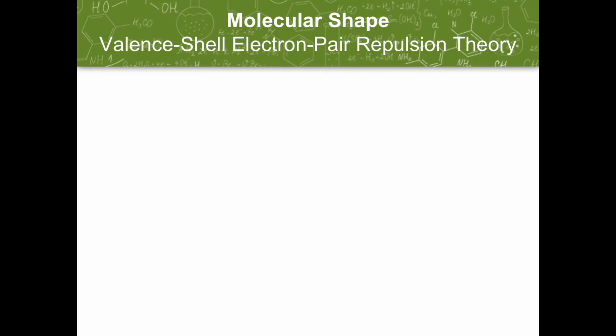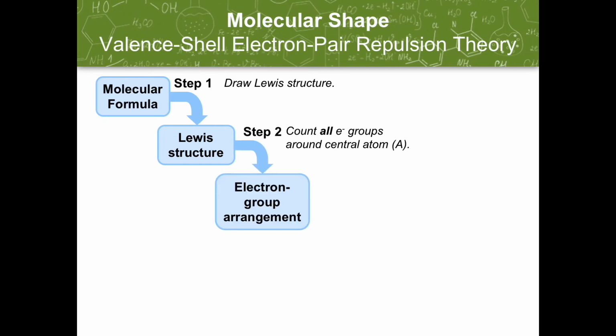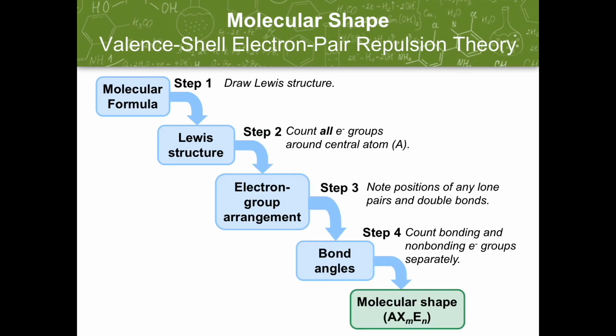Here are the steps that we can follow to determine the molecular shape or the molecular geometry. So we have here the first step, the molecular formula. Of course, you need this to draw the Lewis structures. And then once we have drawn the Lewis structures, we can count all the electron groups around the central atom. And then we also have to note the position of any lone pairs and double bonds, as well as count the bonding and non-bonding electron groups separately.